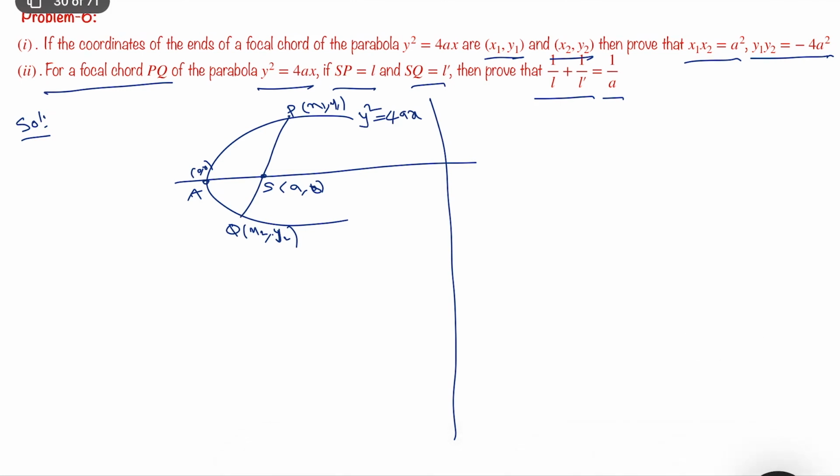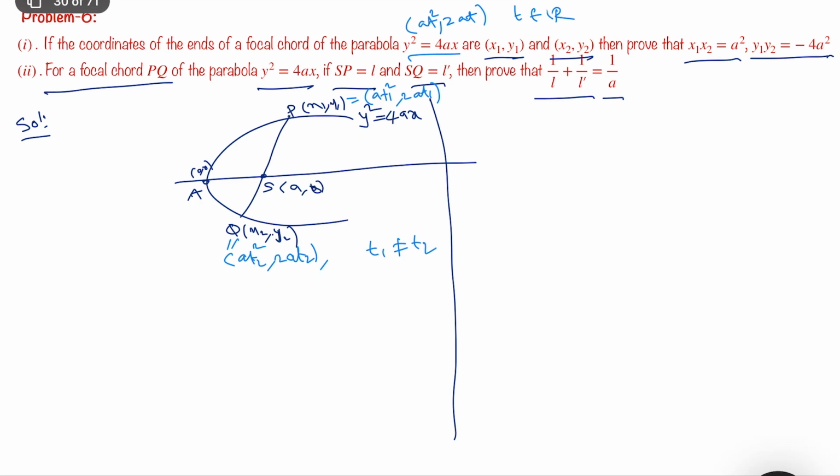And we know any point on the parabola y² = 4ax will be in this form: (at², 2at) for some t belongs to R, because x = at², y = 2at is the parametric equation for the parabola y² = 4ax. So this point (x1, y1) can be realized like this: (at1², 2at1) for some t1. This Q can be realized like (at2², 2at2) for some t2. Obviously, here t1 is different from t2 as P is not equal to Q.